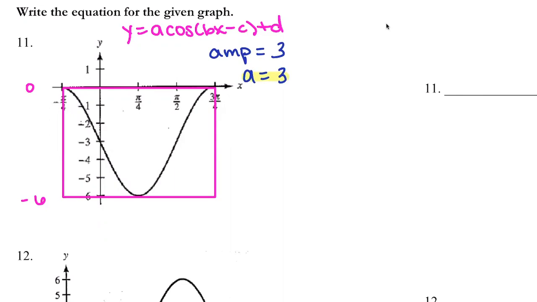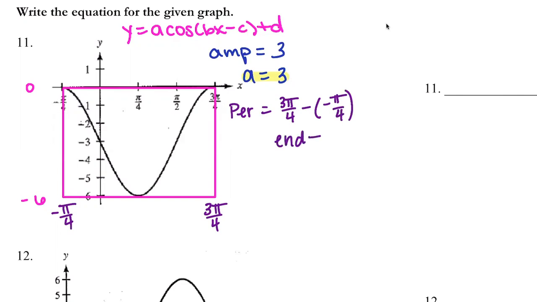Now, the period stretches from -pi/4 to 3 pi/4. So we need to figure out how long that is. If I'm going to calculate that, we're going to take where we end and subtract where we start. So end minus beginning in order for us to get that length.